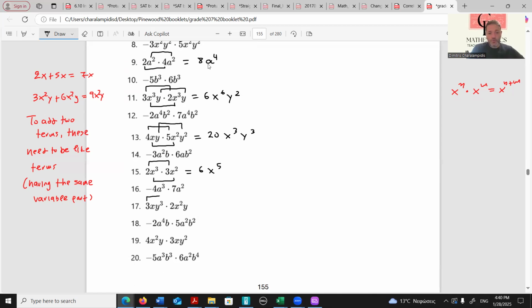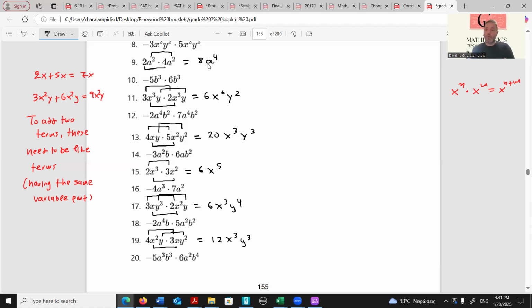So 3 times 2 should be 6. X times x squared should be x cubed. And y cubed multiplied by y should be y to the power of 4. And finally, 4x squared y multiplied by 3xy squared. So we get numbers together, 4 times 3, 12. The x's together, x squared times x is x cubed. And the y's together, y times y squared should also be y cubed.